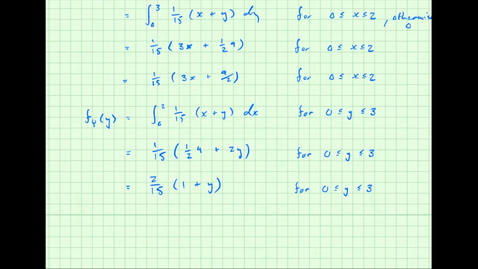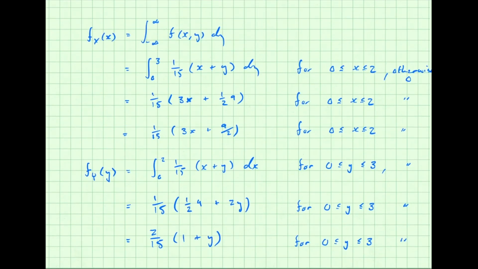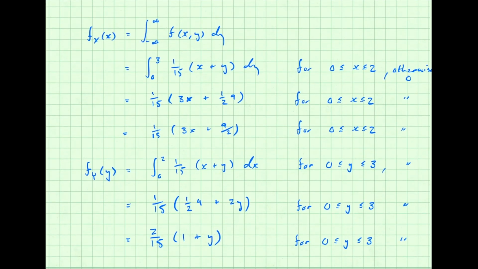And then that should be repeated here, here, here, here, and here. So these marginal distributions are all piecewise defined, so that they're zero outside of the disallowed regions for x and y. I hope that's clear.